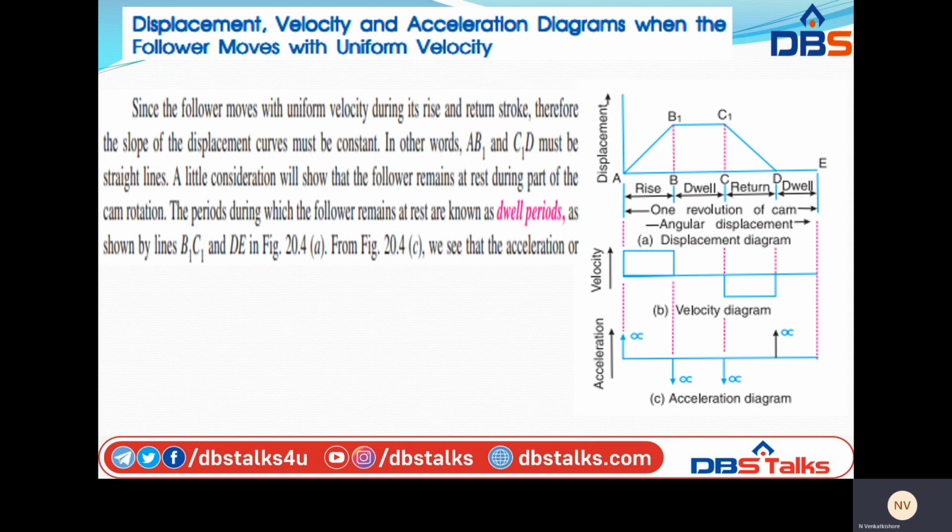These three are constructed in different diagrams. In the slide on the right-hand side, the first diagram is displacement, the second is velocity, and the third is acceleration. In these diagrams, the vertical axis, the ordinate, represents the resultant quantities, and the x-axis represents the time. So the time is always the same.